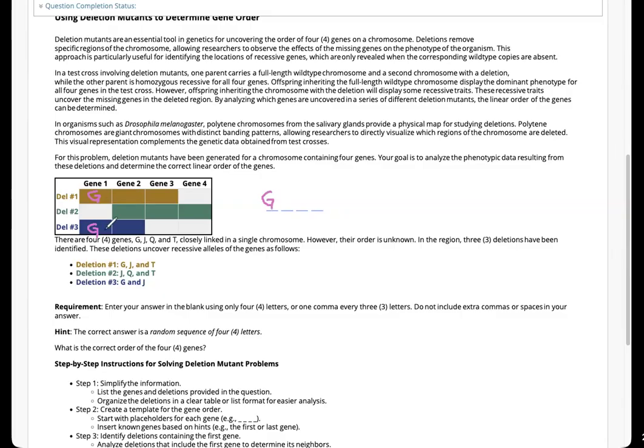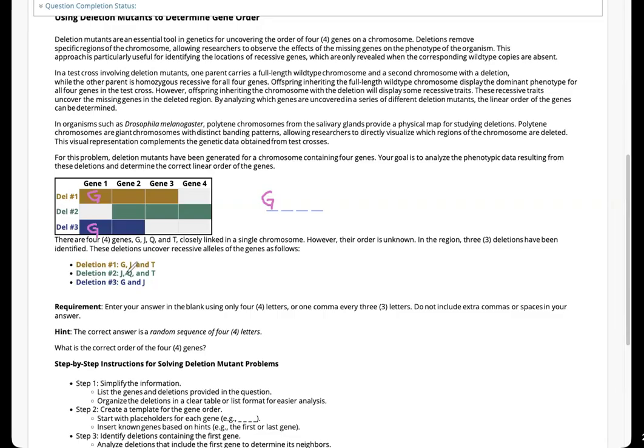Now if we want to figure out gene 2, it's going to be a little hard because all of our deletions contain gene 2. Only one of our deletions contains gene 4. And all of our deletions except for one contain gene 3.